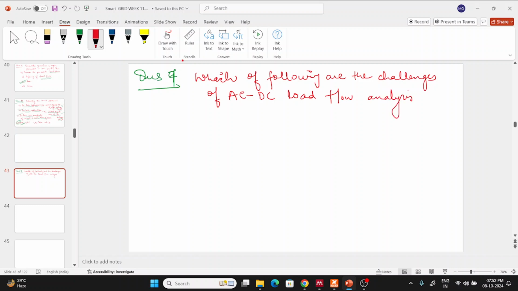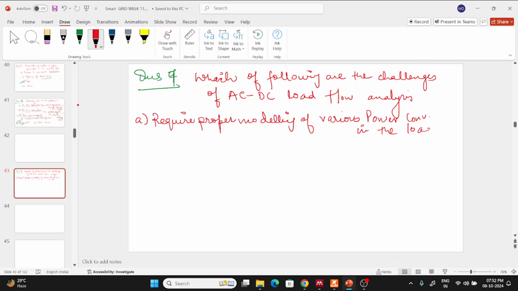A: Requires proper modeling of various power converters in the load flow equation.